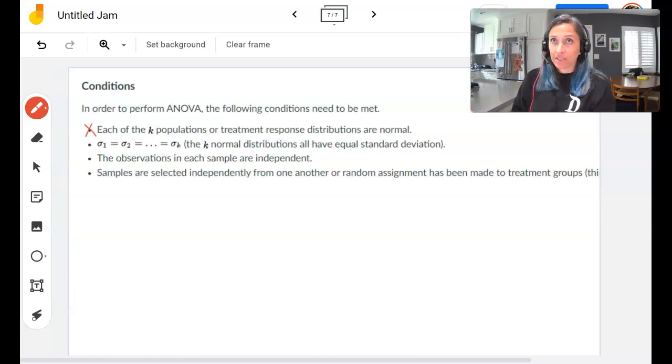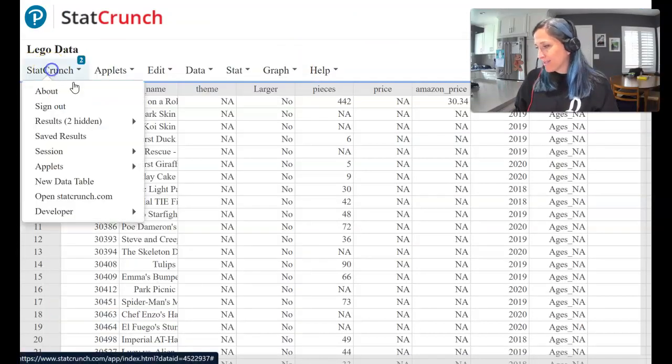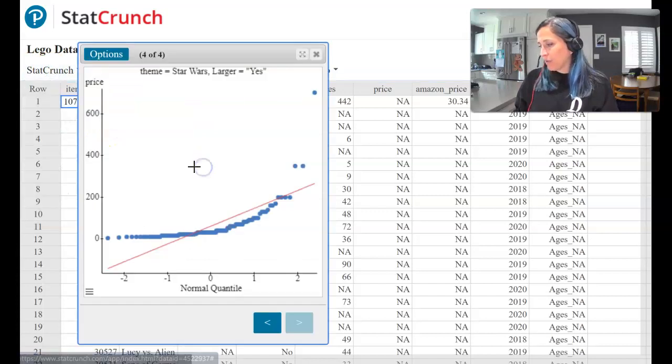We have this departure from normality because our data in those QQ plots doesn't seem to fit a normal distribution. You'll notice I'm not using the word linear, because a lot of students will get those QQ plots confused with scatter plots. It is not a scatter plot in the traditional sense.